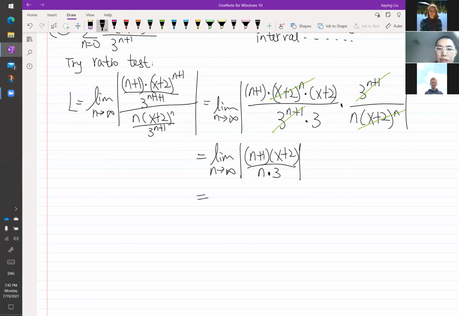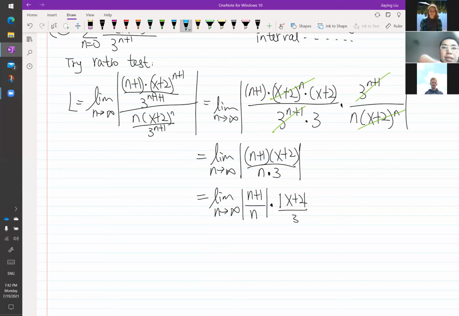And separate them, so that's the limit as n goes to infinity of the absolute value of (n plus 1) divided by n, times another absolute value, (x plus 2) over 3. The 3 you can put in the absolute value in the denominator, but it's positive already, so you don't need to include the absolute value for 3.